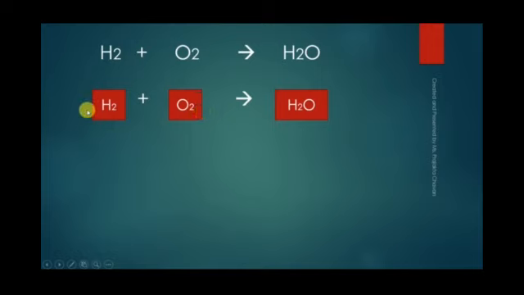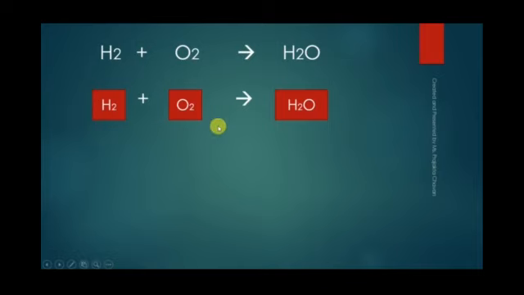We will only be writing outside the boxes, and hence we are restricting by drawing a box. Brilliant. So this is our first step. We need to draw boxes around the molecules or atoms taking part in the chemical equation.